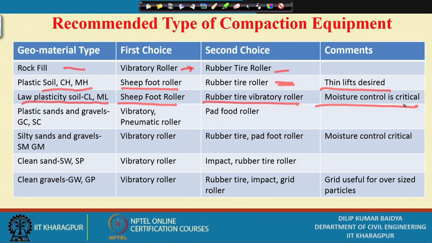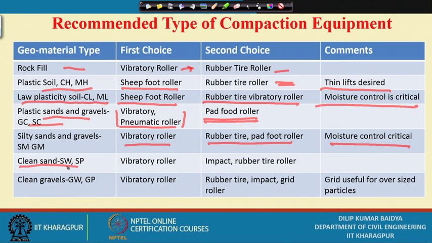Moisture control is critical. For plastic sands and gravels, vibratory and pneumatic rollers can both be used, and padded foot roller, which we have not discussed yet, is also second choice. For silty sands and gravels, it is again vibratory roller, second choice is rubber tire roller, and moisture control is critical here.